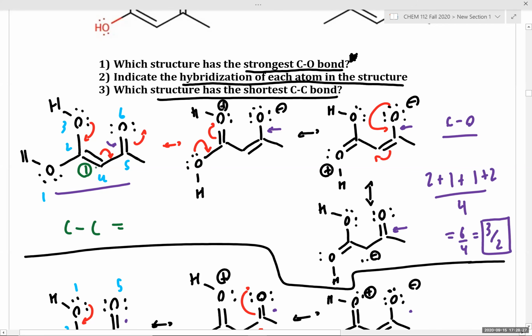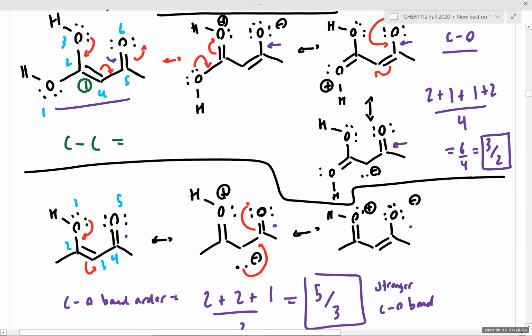And just as a first pass, before we actually put any numbers to it, which carbon-carbon bond would we expect to be shorter? Would we expect to have the larger bond order? The structure on top or the structure on the bottom? We would expect, just intuitively, that the structure on the bottom would likely have the larger bond order value. So let's see how this pans out.